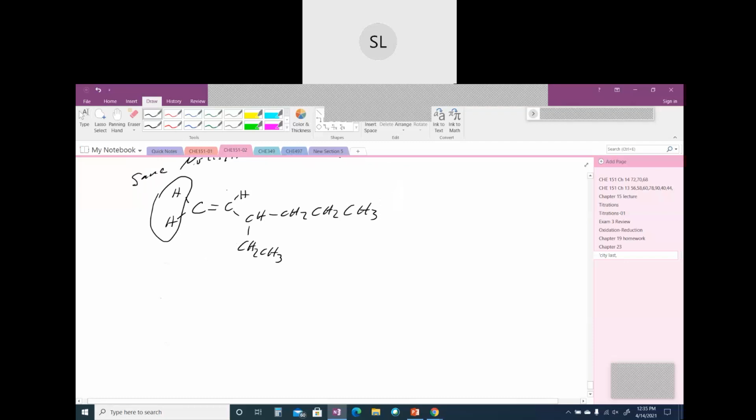All right, 1,1,2 triphenyl ethane. So ethane is simply 2 carbons. And now we have a 1,1,2 triphenyl. So now you got a bunch of benzene rings that you have to draw.